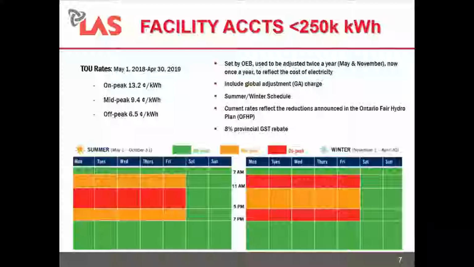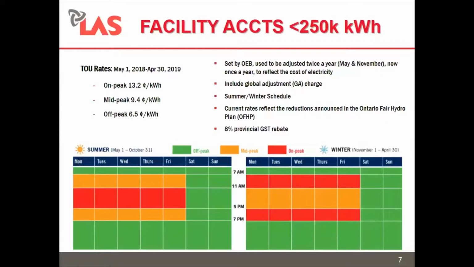However, for the TOU rate, you can see at the bottom of this slide there's a summer time schedule and also a winter schedule. This time schedule switches every 6 months, and now we are in the winter schedule.